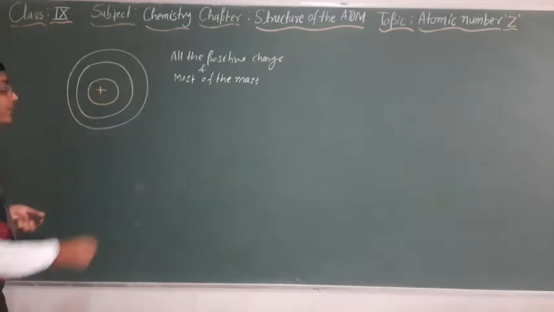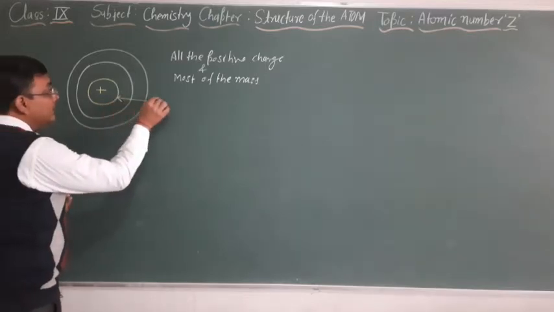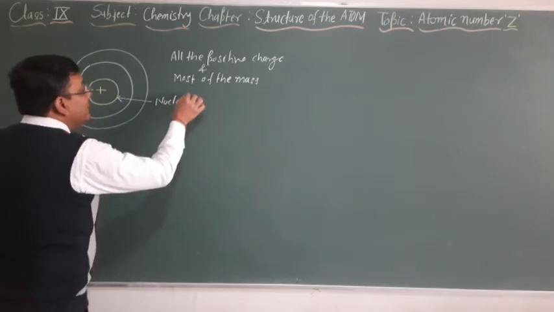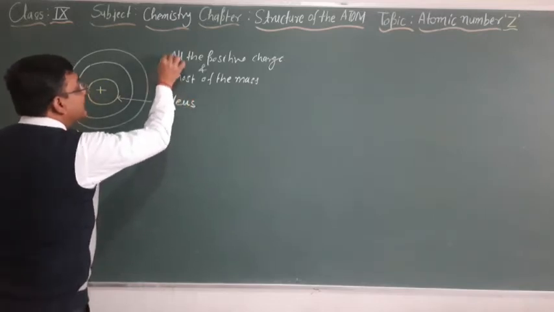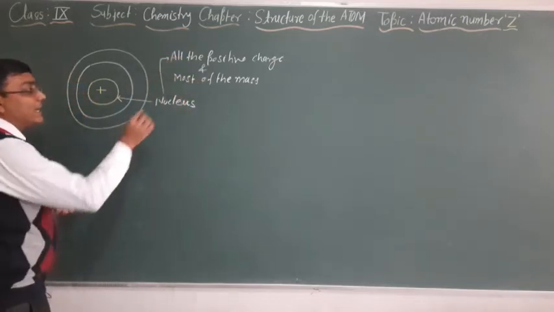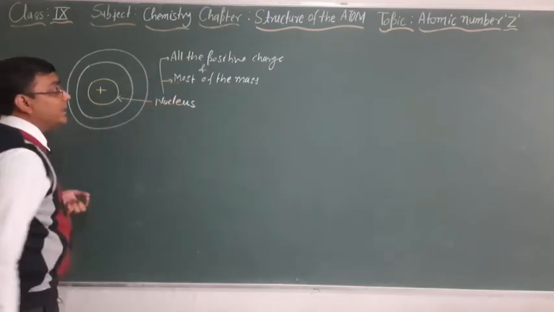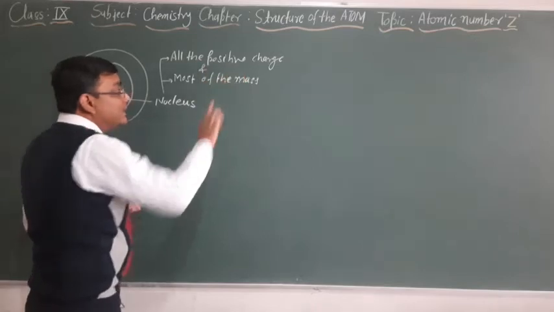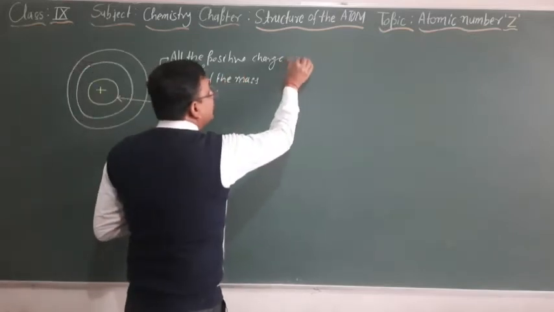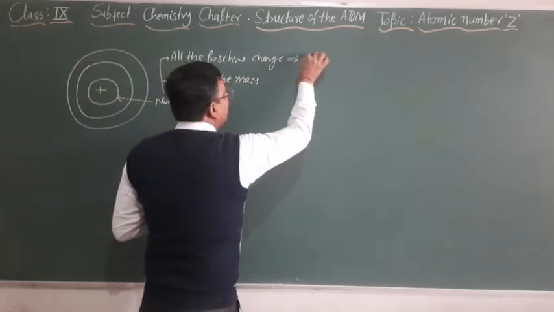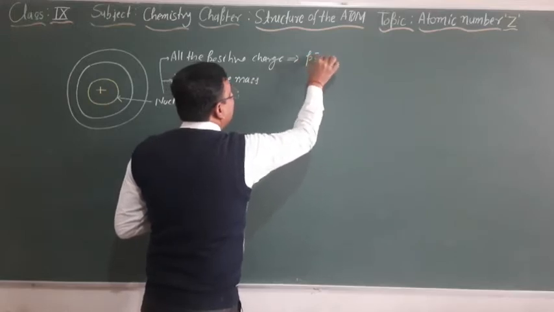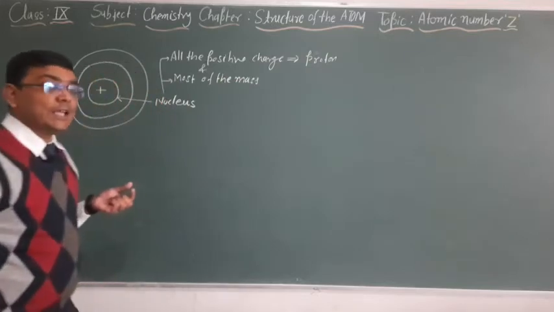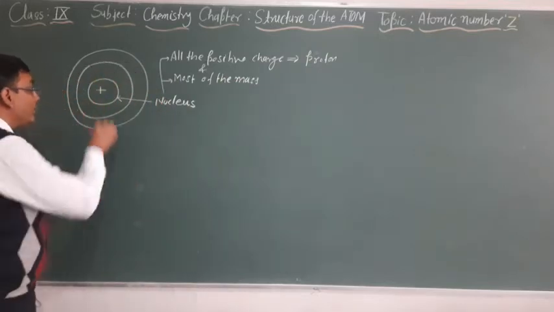That center part we call the nucleus. So the characteristics of the nucleus: it contains all the positive charge and most of the mass. The positive charge is because of the presence of protons.